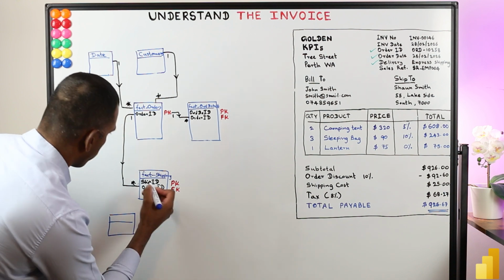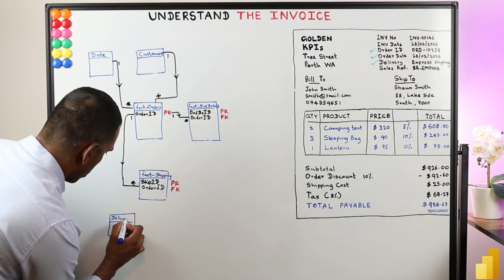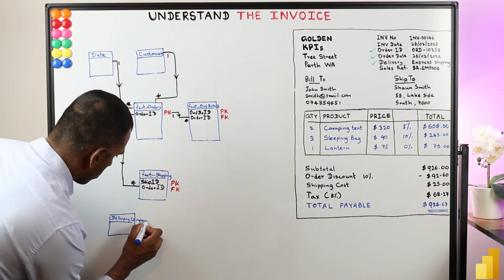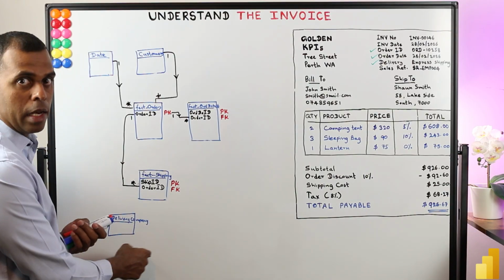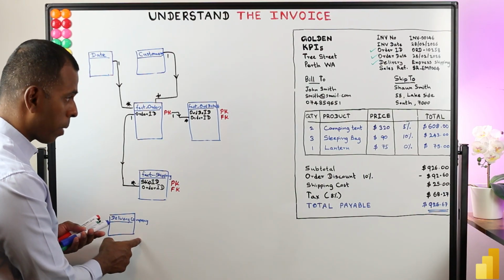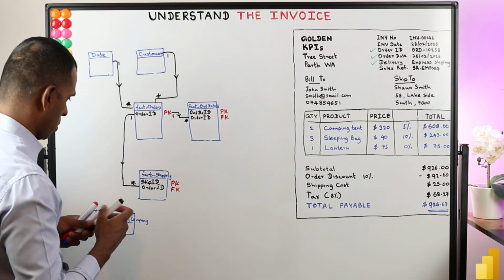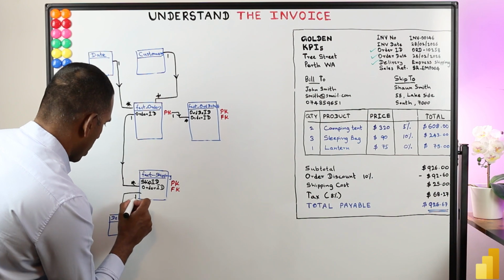That's a dim table of the shipping, fact shipping company. So one delivery company can have multiple shippings. One to many.